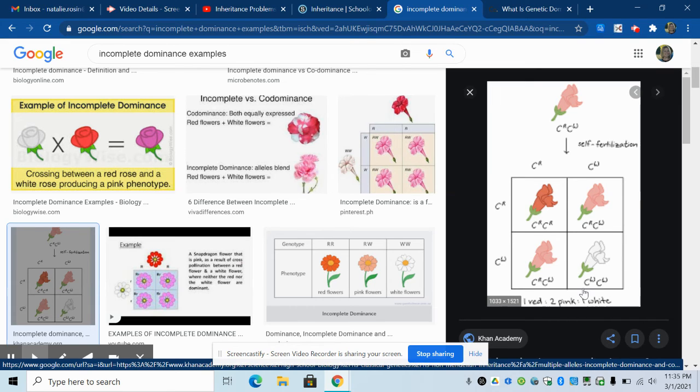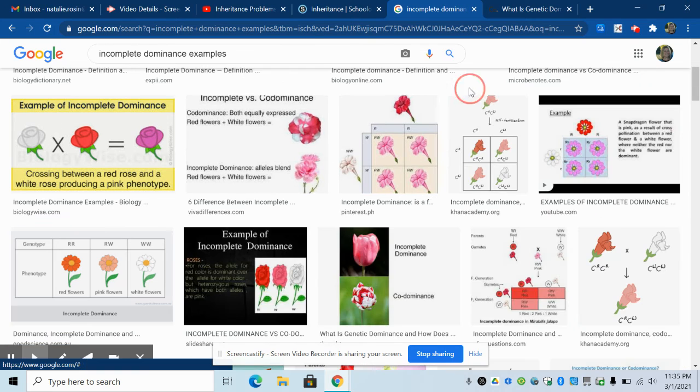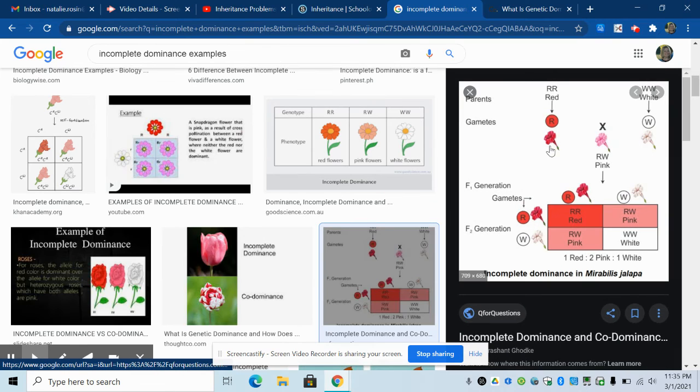So that is one way to actually write it. The other way that you will see incomplete dominance problems done is basically in the same way. It's just that you'll notice that the C's are gone. So you're using capital R for red, capital W for the white.